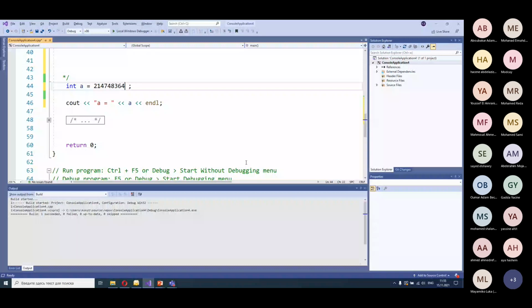When I add 1, I output to the screen a plus 1. What number should I see on the screen? This one: 2, 4, 7, 8, 3, 6, and so on. Because here I subtract 1 and I add 1. Okay, let's check it.